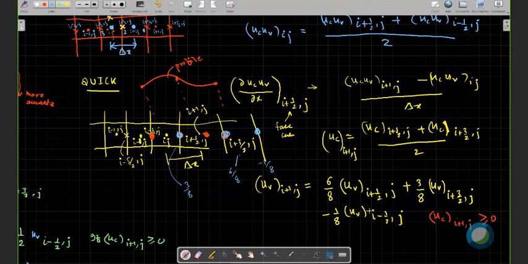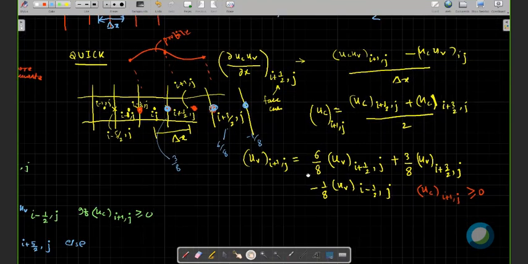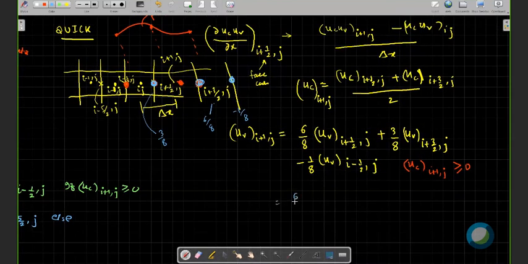So the else case will be 6 by 8 UV at I plus 3 by 2 j, plus 3 by 8 UV at I plus half j, and minus 1 by 8 of this.